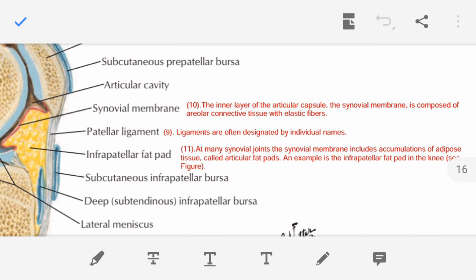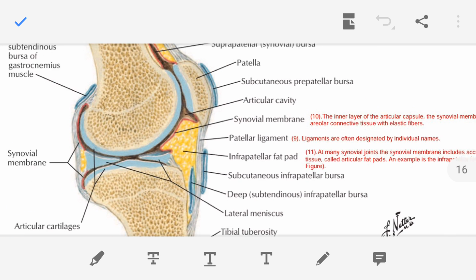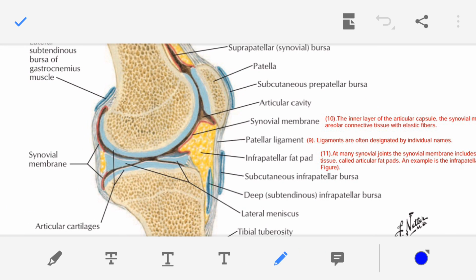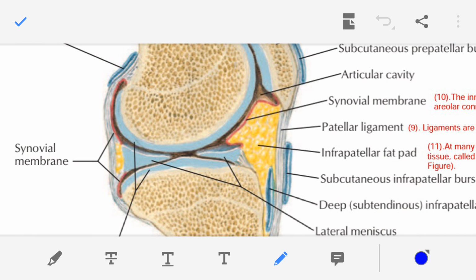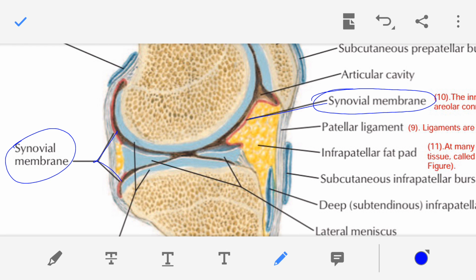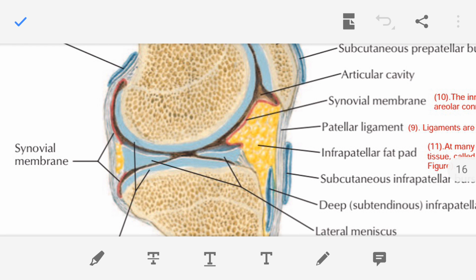Here in the synovial joint, the red colored membrane is the synovial membrane. Over here also the synovial membrane is shown, so you can go through this figure. Follow the arrow, and the synovial membrane is shown in red.